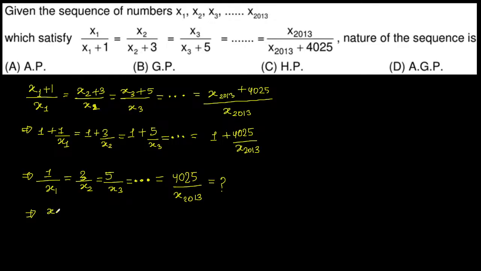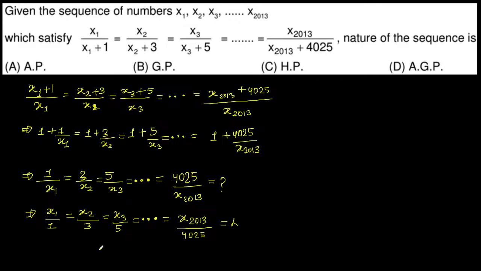We'll get x1 by 1, x2 by 3, x3 by 5, dot dot dot, x 2013 by 4025.